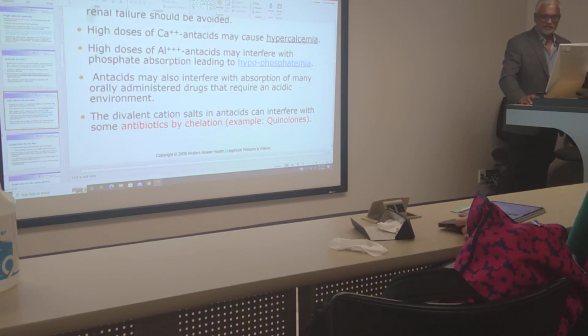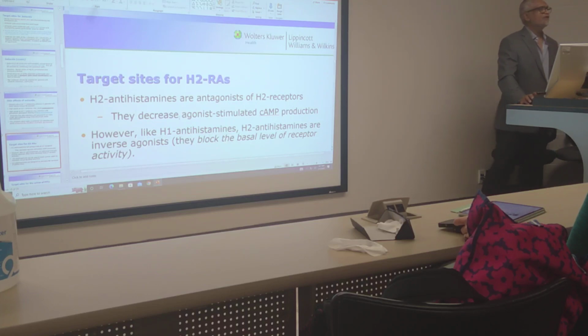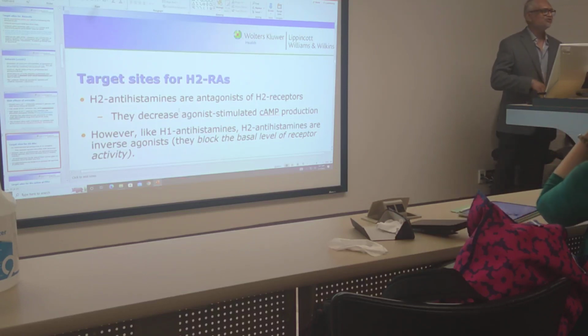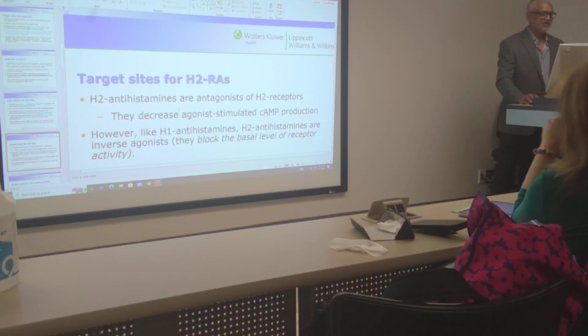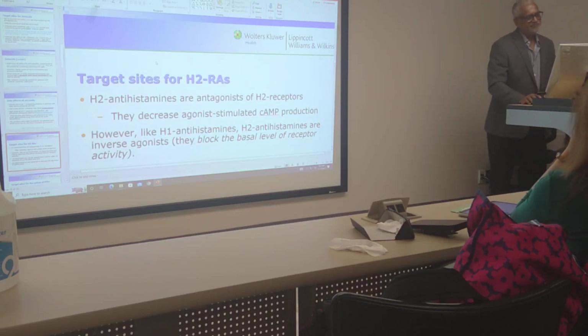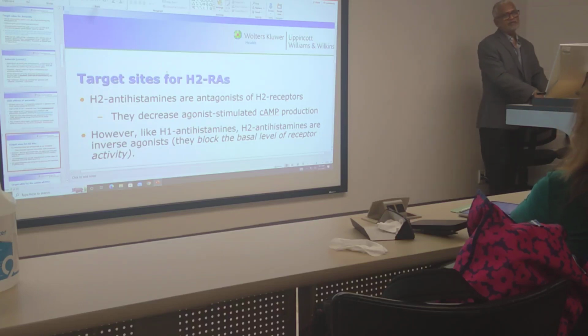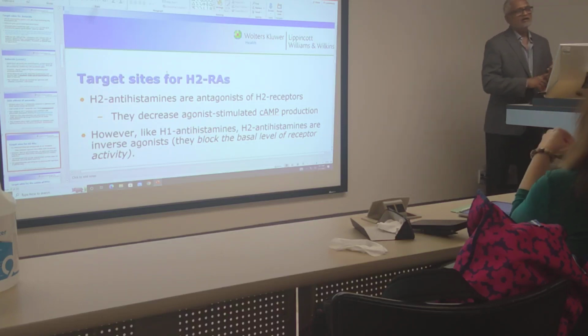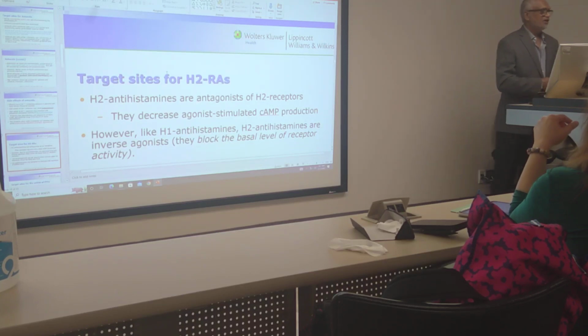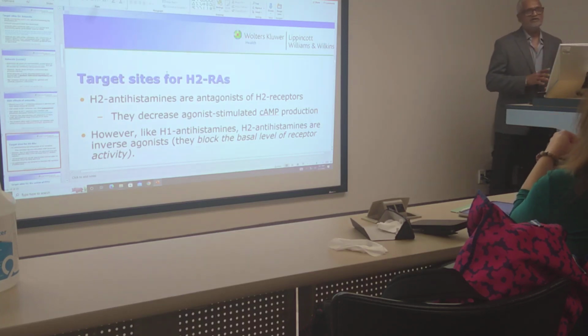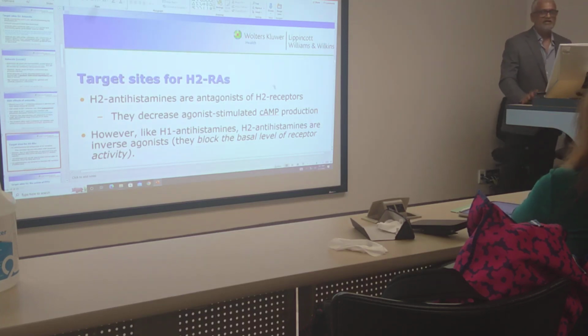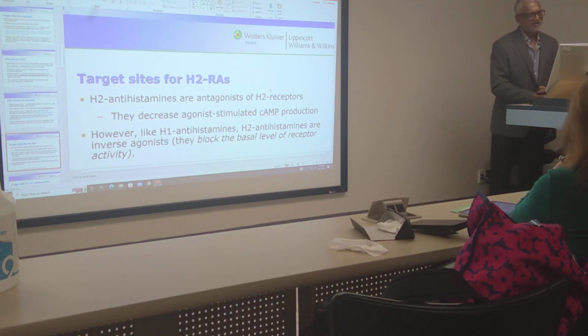So what we can do in case of persistent acid reflux in GERD cases, you can step up treatment going into H2RAs. These H2RAs are antihistamines and they block the H2 receptor activation by gastrin, acetylcholine, and histamine. All three activations can be blocked by H2RA antagonists.